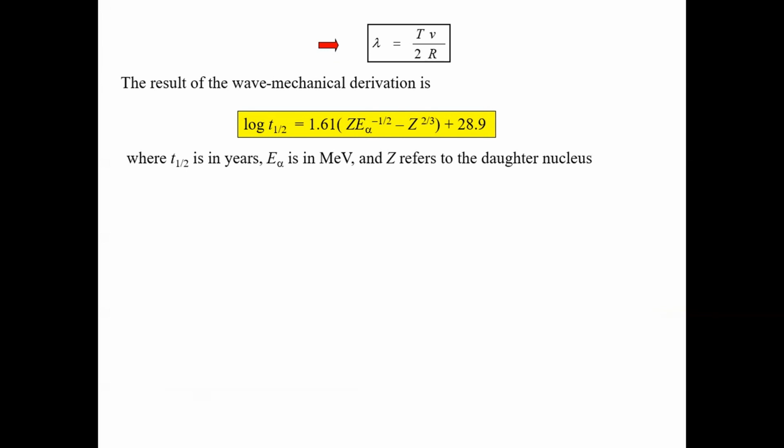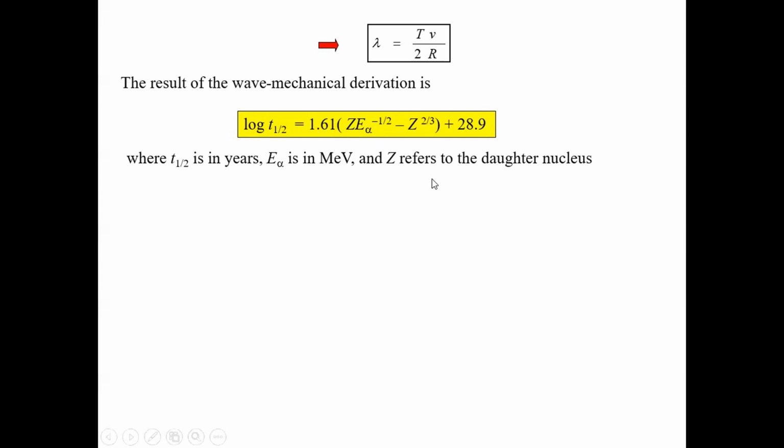And then we come to know that the decay constant is given by T times V divided by 2R, and the result of the wave mechanical ideas gives us that the log of T half, the half-life, is given as 1.61 times Z times the energy of the alpha particle to the power minus half, minus Z to the power 2/3, and a constant.